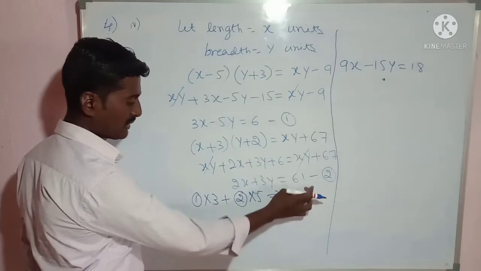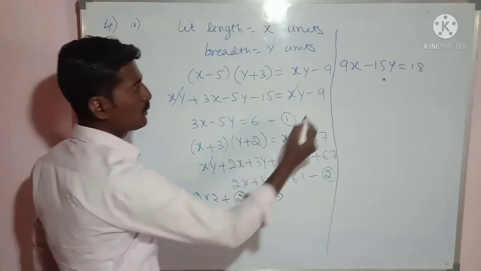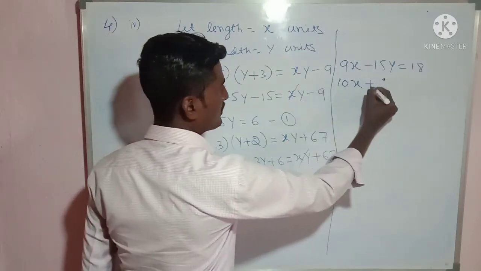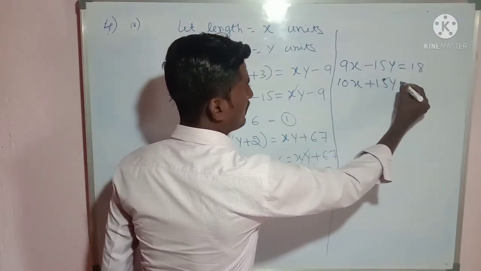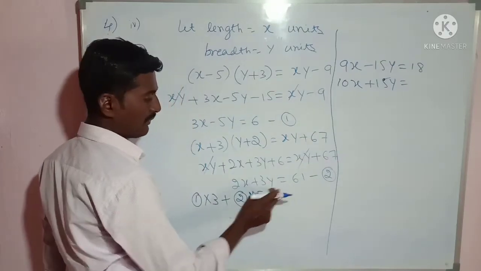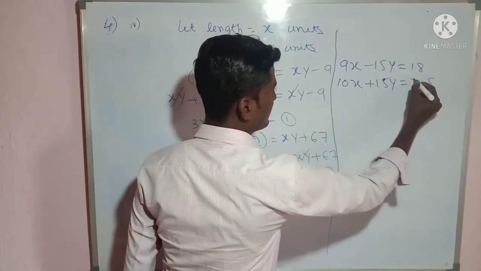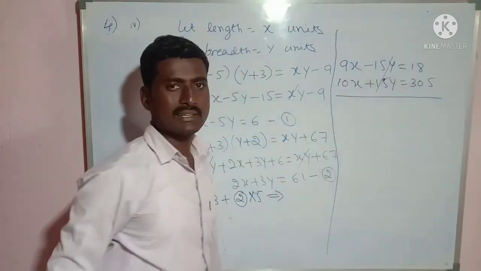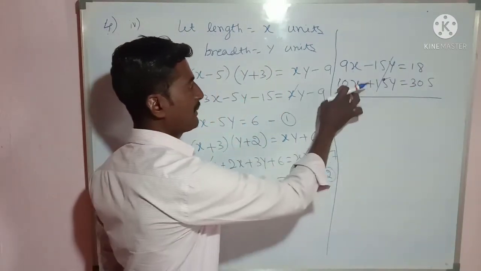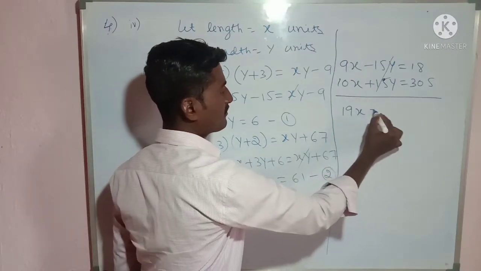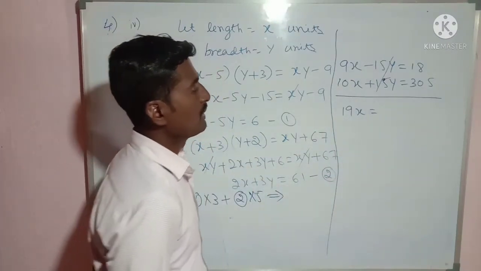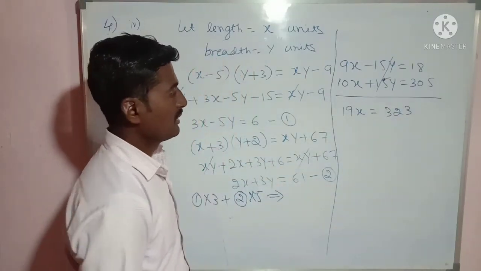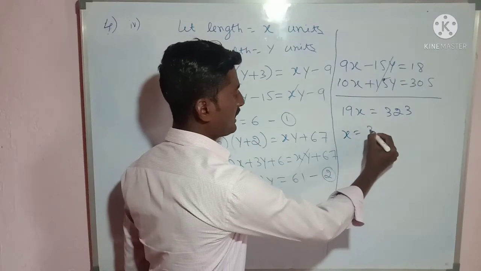Next, for equation number 2, multiply by 5. 5 2s are 10x, then 5 3s are plus 15y, is equal to 5 61s are 305. We are adding these, 15y get cancelled, 10 plus 9, that is 19x is equal to 305 plus 18, that is 323. Right?